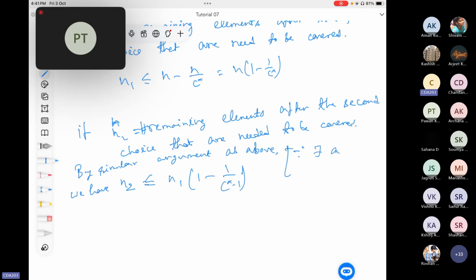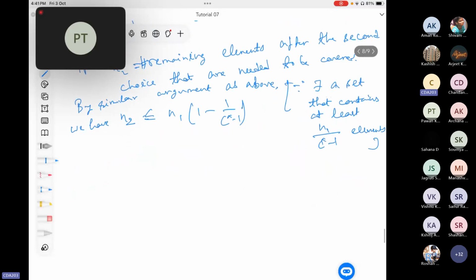Because there exists a set in the remaining n1 that contains at least n1 by C star minus 1 elements.